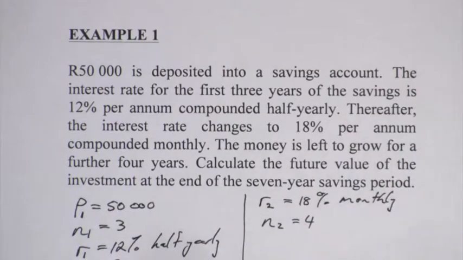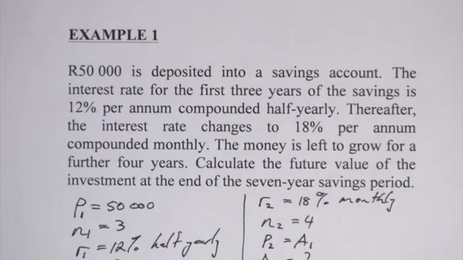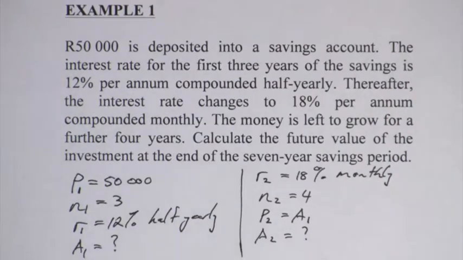This A1, you will now reinvest for these 4 years. So your P2 that you will invest here will be the same as your A1 that we found here. And then we're going to find our A2, and that will be our final answer. That is a good way to summarize your information before you start your question.